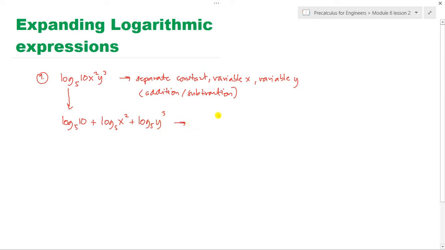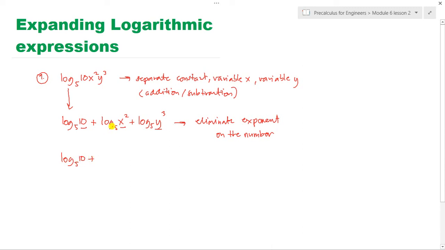Our goal is also to eliminate the exponent on the number or the resulting number. Those numbers here, 10, x squared and y cubed, should not have exponents. For 10, it is just 1, so we retain it.